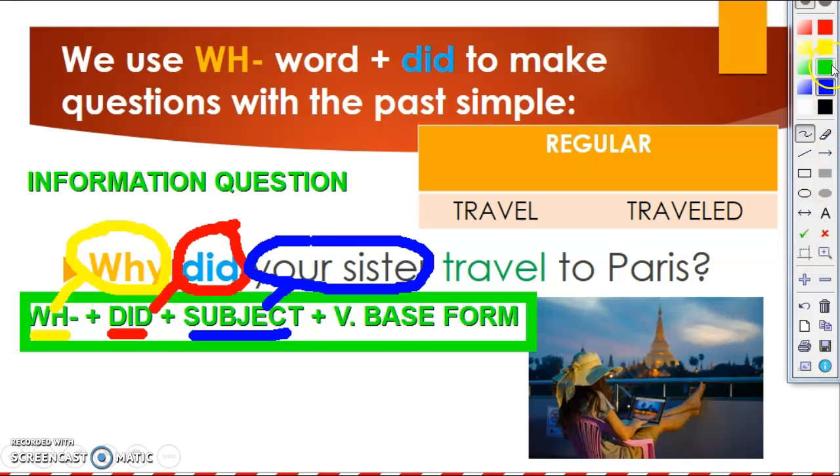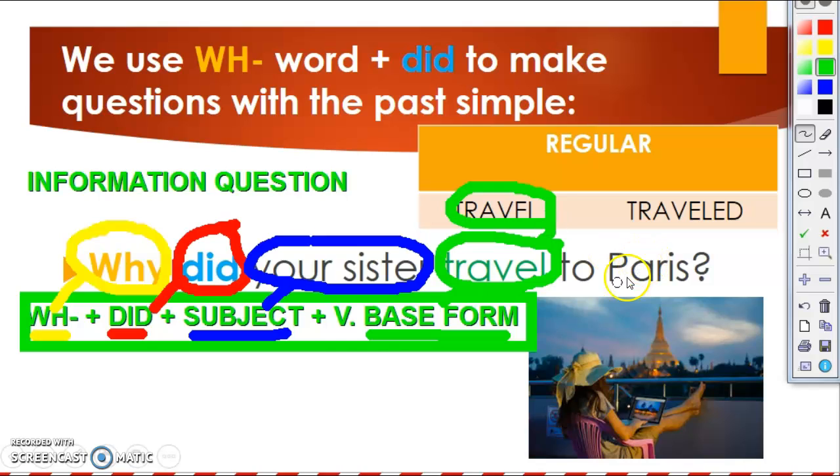And finally, we need a verb in the base form. Travel. Yes, this is the verb in the base form. Why did your sister travel to Paris?